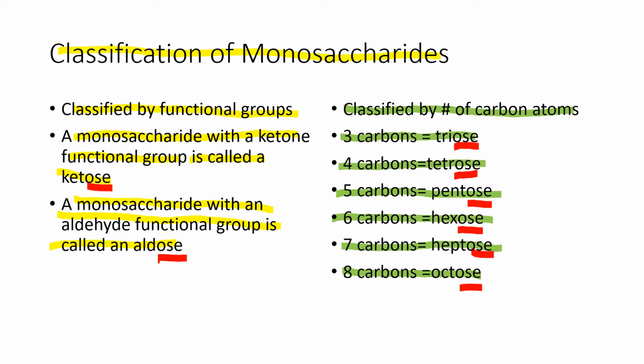They all have that ose ending that you associate with sugars. So when you see that ose, it's a pretty good bet that you're dealing with a sugar, a monosaccharide. That's what monosaccharides are: a fancy term for sugars, and these are our simplest sugars.